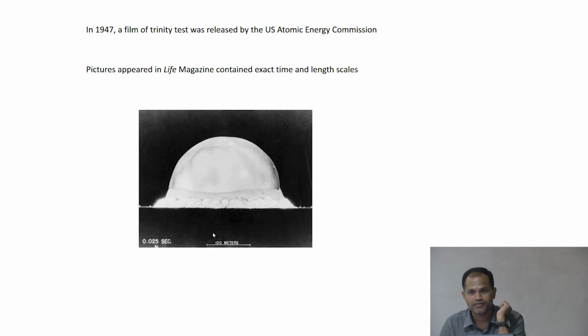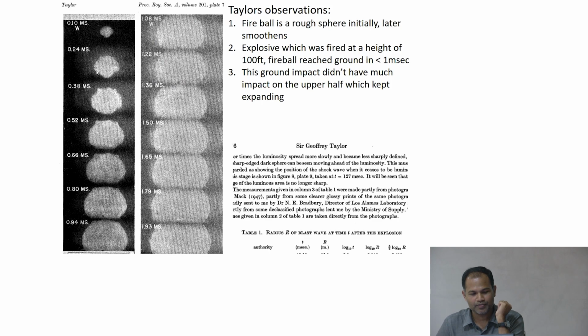You see that? In fact, the magazine actually contained a series of them in which it said, see, at 0.10 milliseconds, this was how it looked like, and then it had information up to 1.93 milliseconds. So he got basically time and radius. Okay, and that's all he needed.